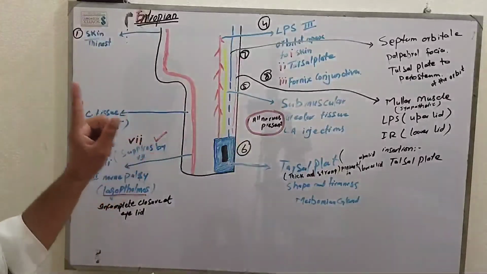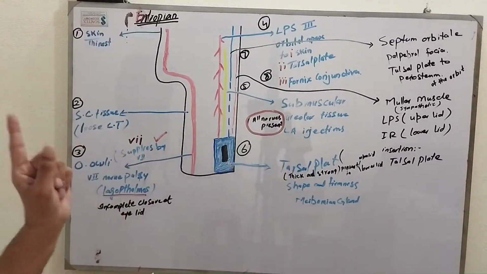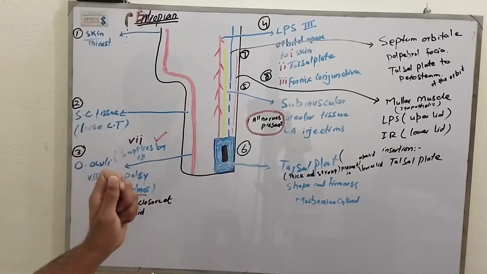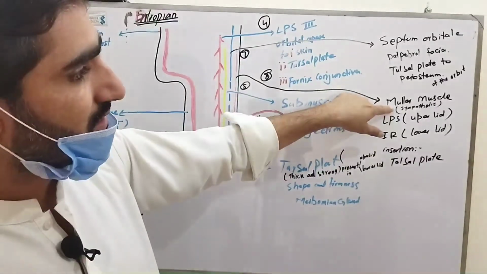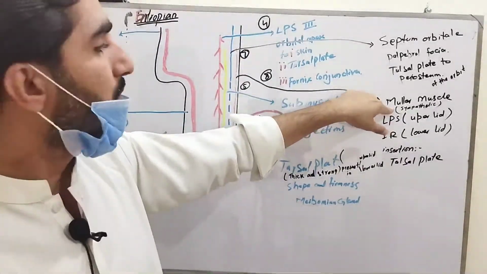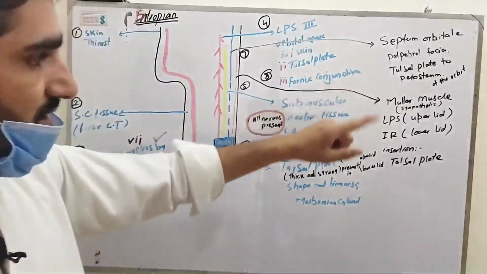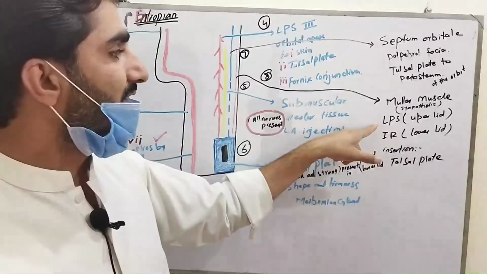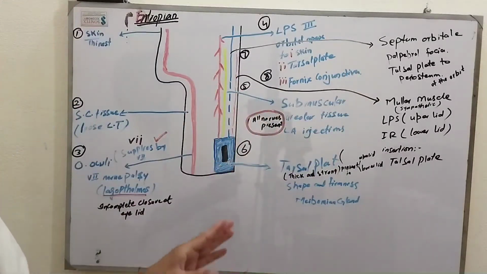Our last and eighth structure is Muller's muscle. It is also a muscle, supplied by the sympathetic nervous system. Here I have written sympathetic.